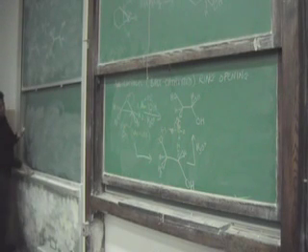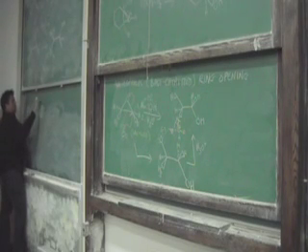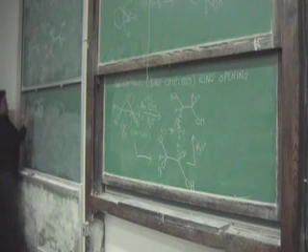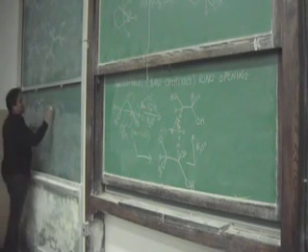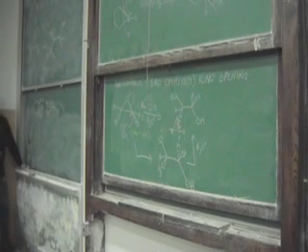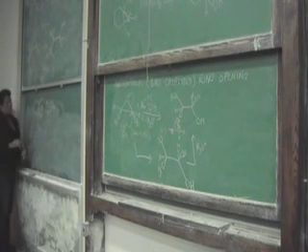So if we do something a little different, let's say we treat that epoxide with sodium methoxide, which is going to be a source of OCH3 minus anions.